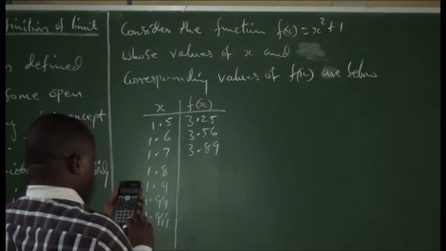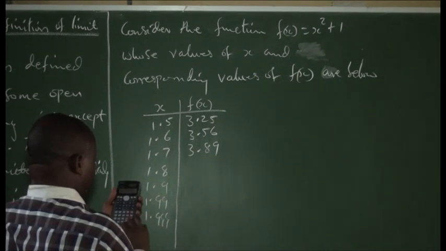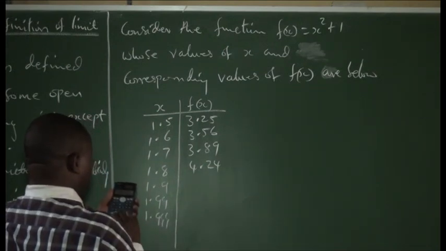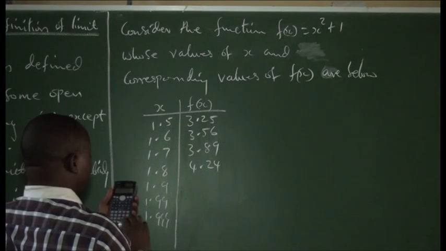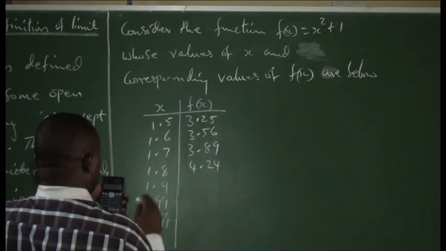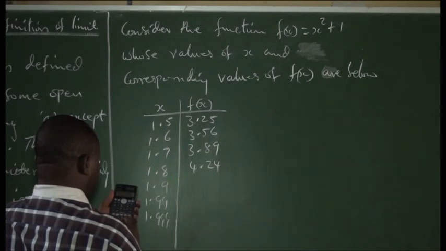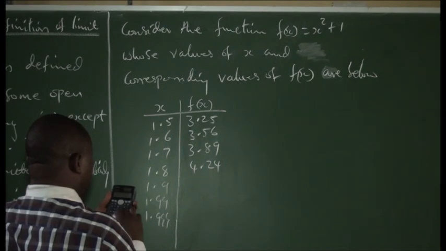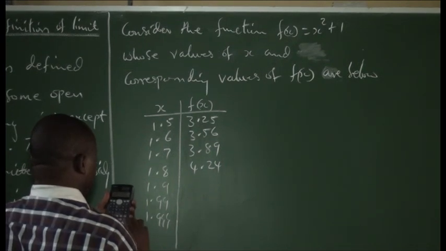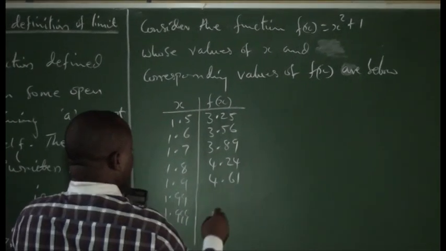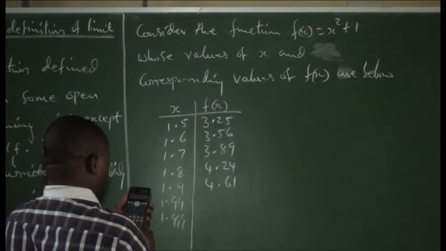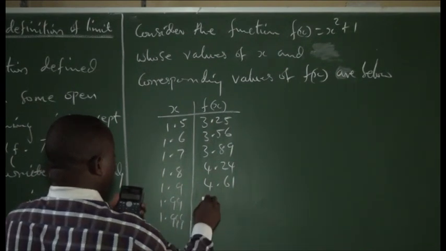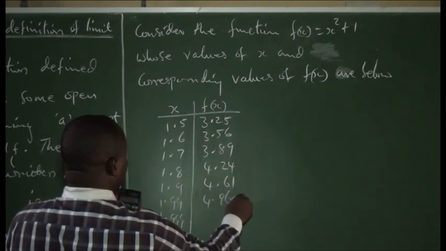1.8 squared plus 1 was 4.24. Then 1.9 squared plus 1 gives us 4.61. 1.99 squared plus 1 gives us 4.9601.